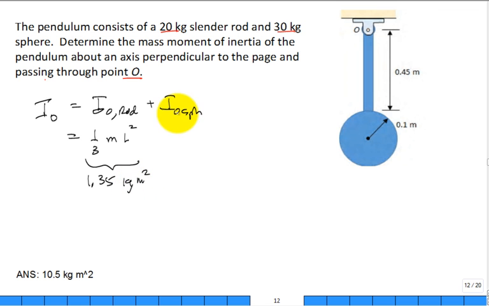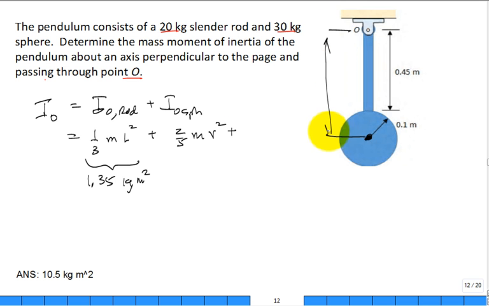And then for the sphere, you do it using the parallel axis theorem. So through the centroid of the sphere, what is that equation? 2/5 the mass of the sphere times the radius of the sphere squared. But then we have to add the distance that you move up.